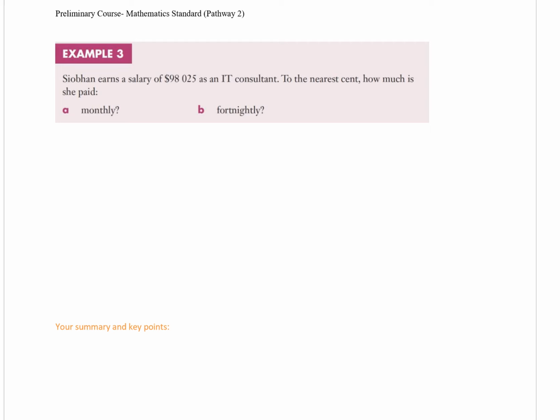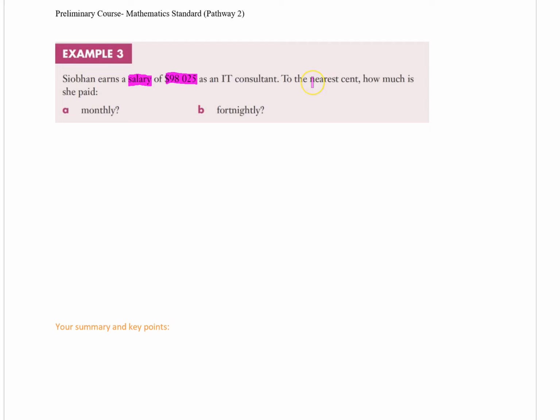Siobhan earns a salary. That's clearly something to be paying attention to. Why? Because we know that with a salary, we've got a different number of weeks in a year. Clearly, the amount of the salary is important. It's not of significance that she's an IT consultant.